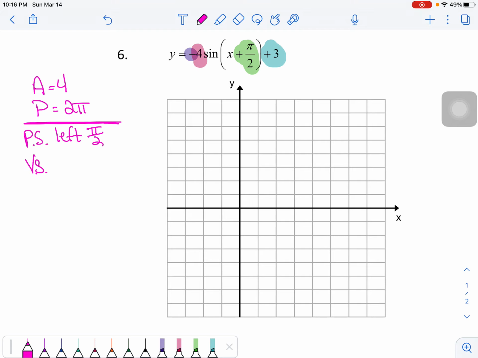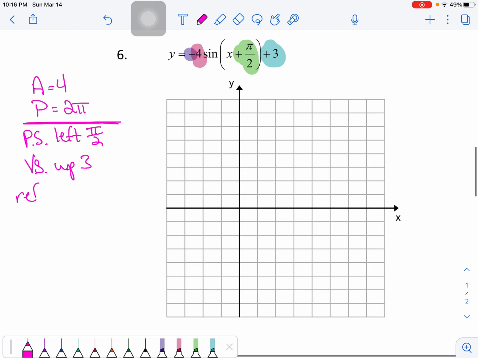And then the vertical shift, the plus 3 at the end here, that's going to move up 3. One thing I need to mention is, of course, that negative sign. So that's going to be a reflection over the x-axis.